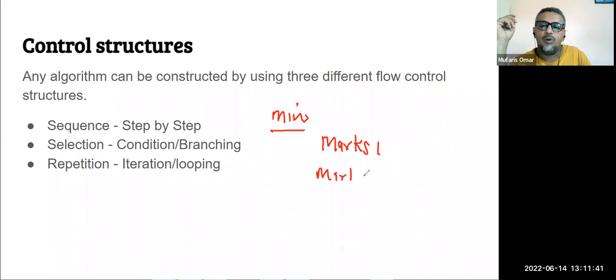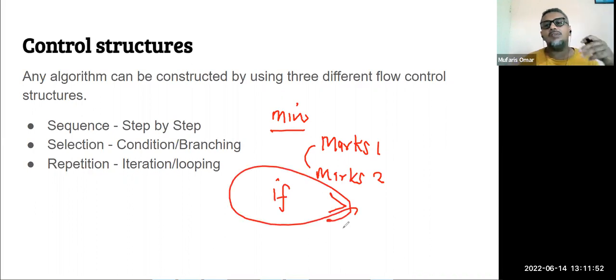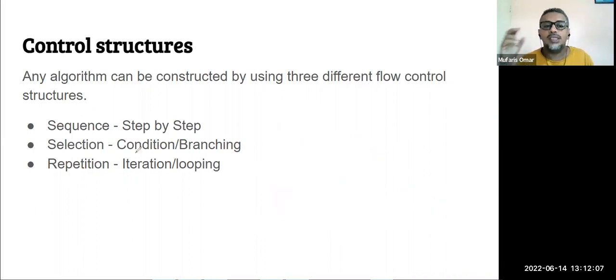To find the minimum, we have to check if one mark is greater than the other. So here we have a condition. If the condition is satisfied, we say the minimum is this; otherwise, we don't take that. There are some algorithms where you have to use this branching. We call it the condition statement or the selection statement.